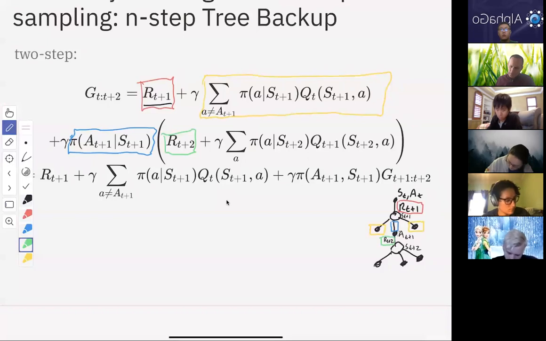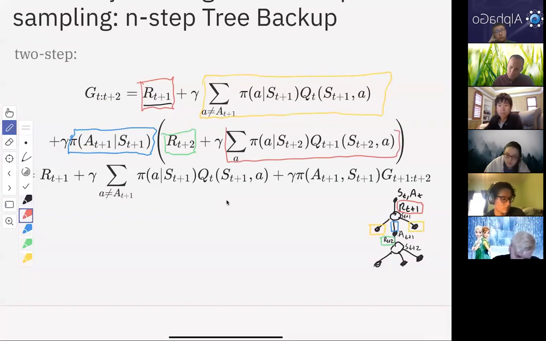Kind of out of colors. I guess I'll use red. So those would be these.